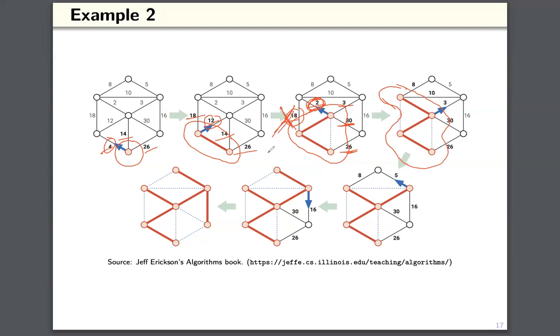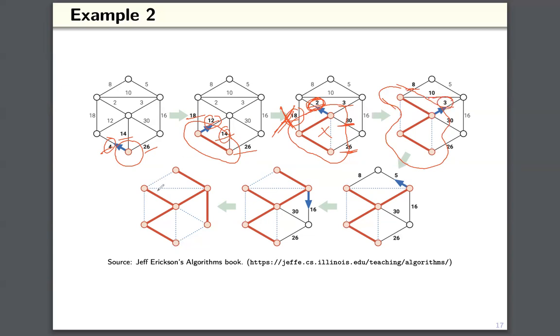Make sense? See, 14 was here. 14, this edge vanished in the next round because it will be like having the edge between 2 vertices in the same tree. And we are only considering the edges between the tree and outside the tree, right? Okay, now what is the shortest edge? 3.